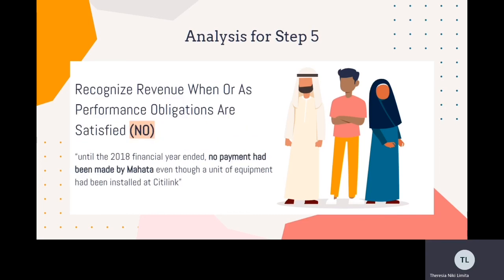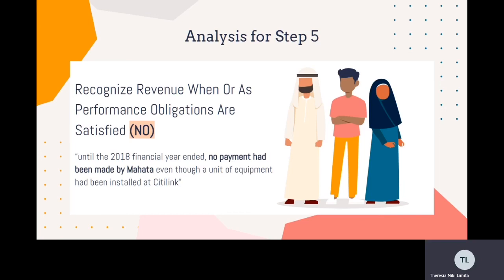The next one is recognize the revenue when or as the performance obligations are satisfied. We classify this as no because until the 2018 fiscal year ended, no payment has been made by Mahata.